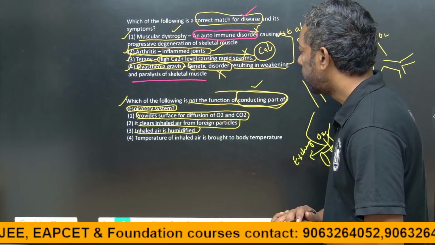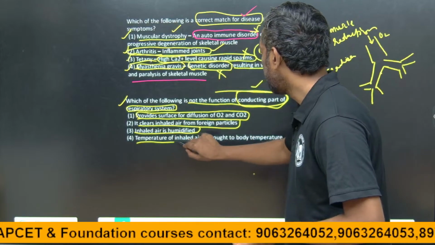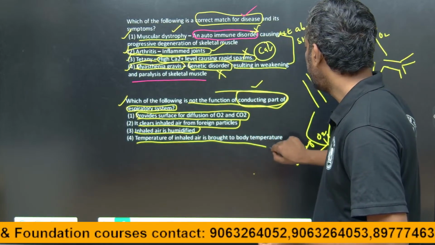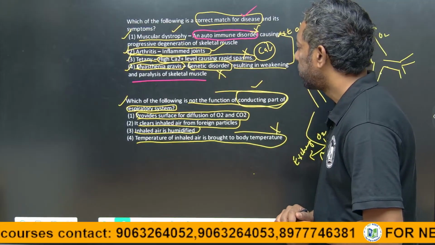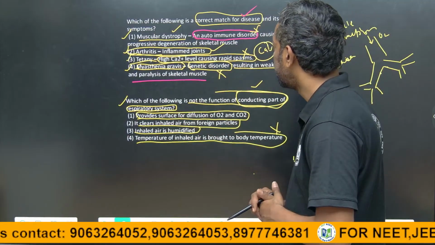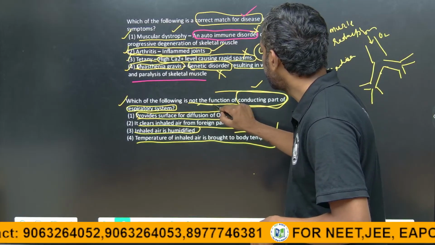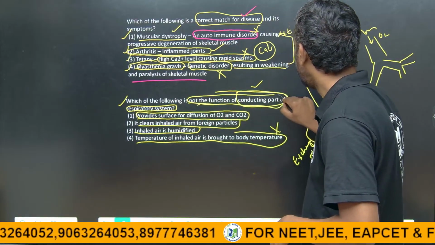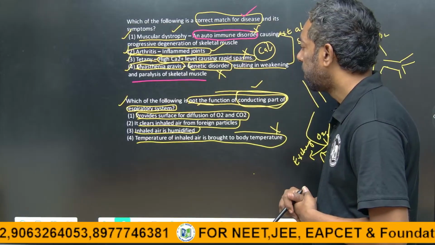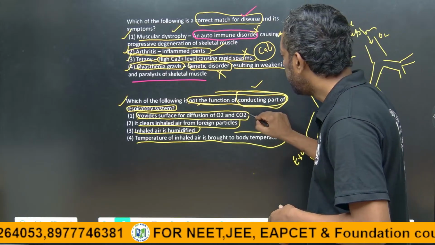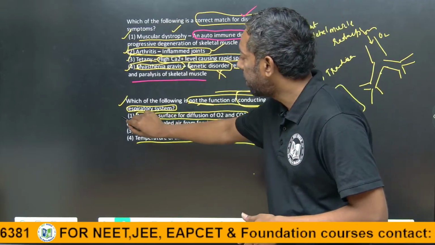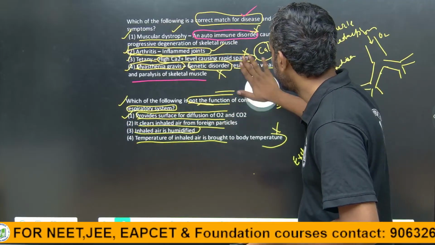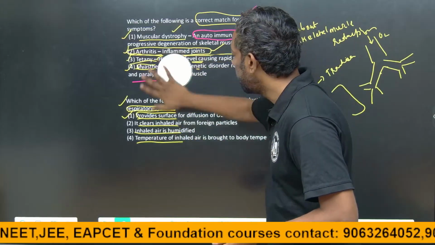Fourth one is inhaled air brought to body temperature. These are not wrong answers. So here, what is not a function of the conduction part? The conduction part does not exchange the gases. This is the right answer, which is the first one, guys.